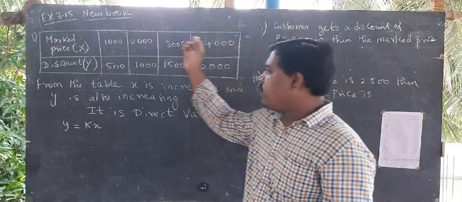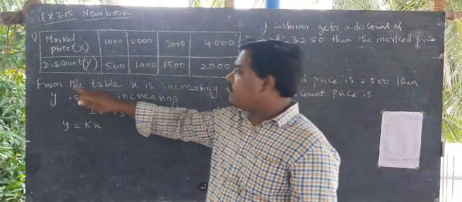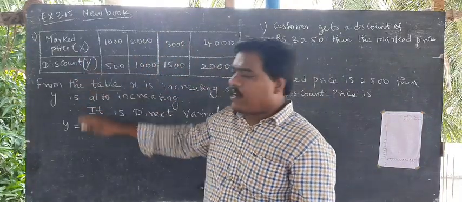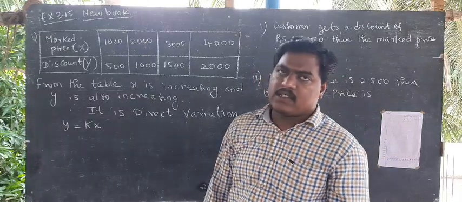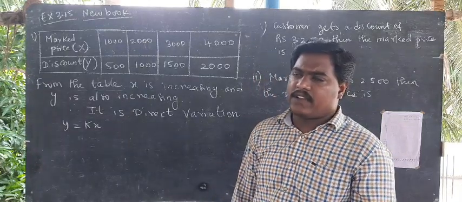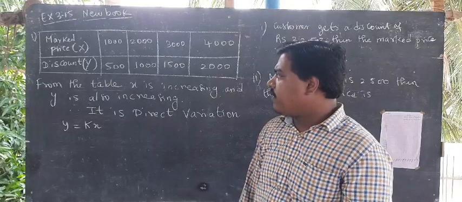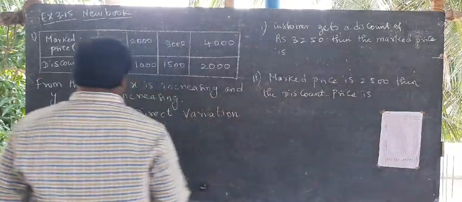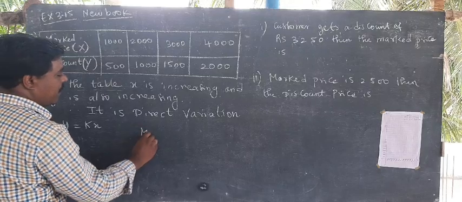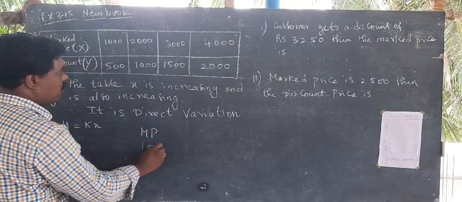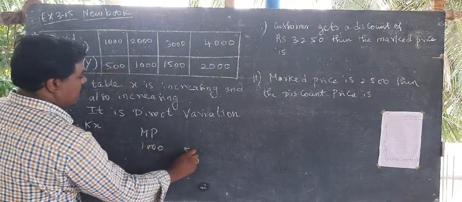So we draw one table. Market price we denote X and discount we denote Y. We have to find whether this is direct or indirect variation. Listen here: X means market price 1000, discount price 500.